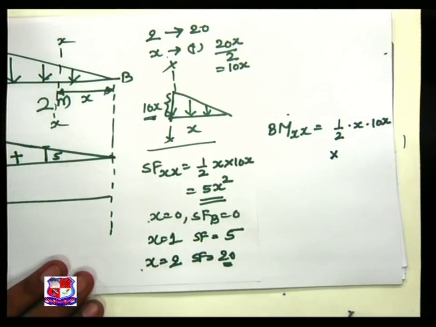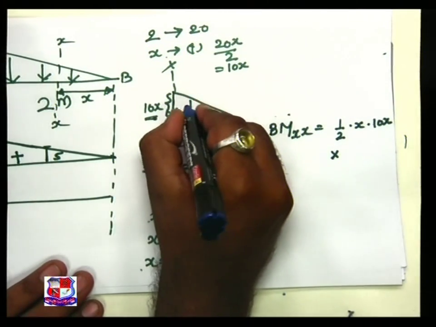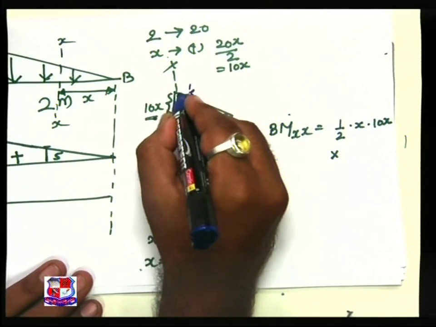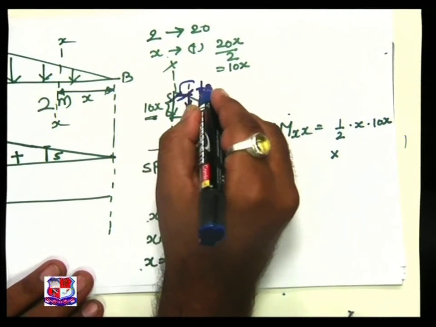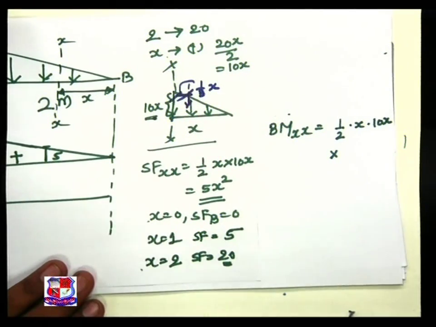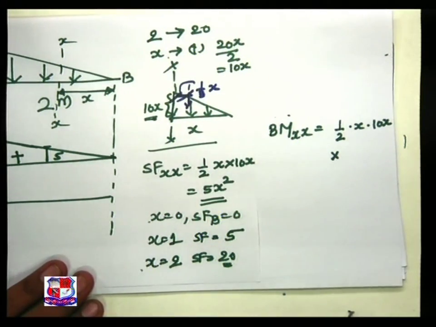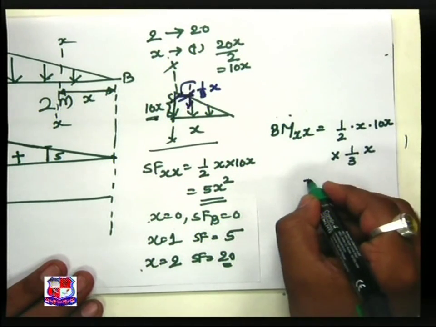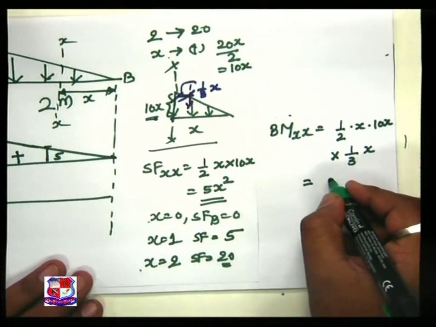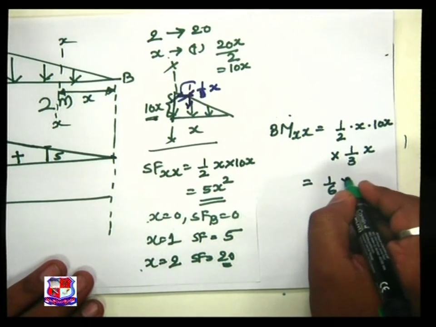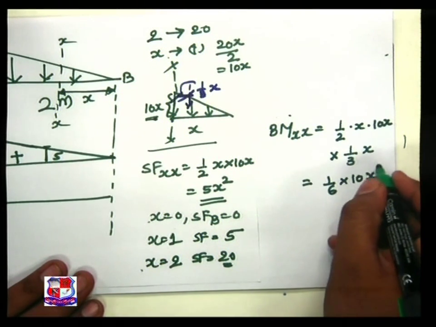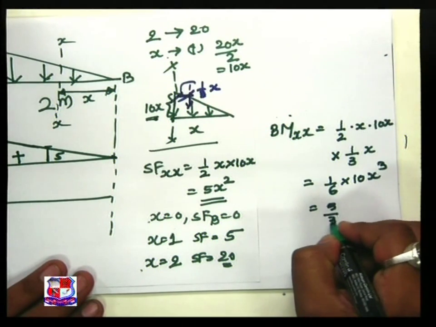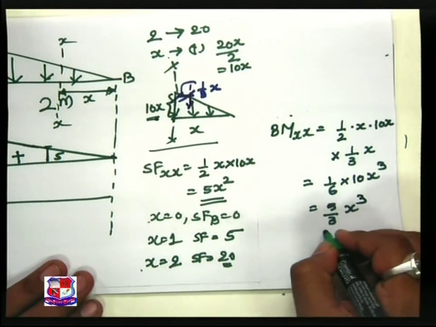Now this CG is over here. This distance is 1/3 x. So multiply by 1/3 x, and we achieve 1/6 into 10x cube, that is 5/3 x cube.